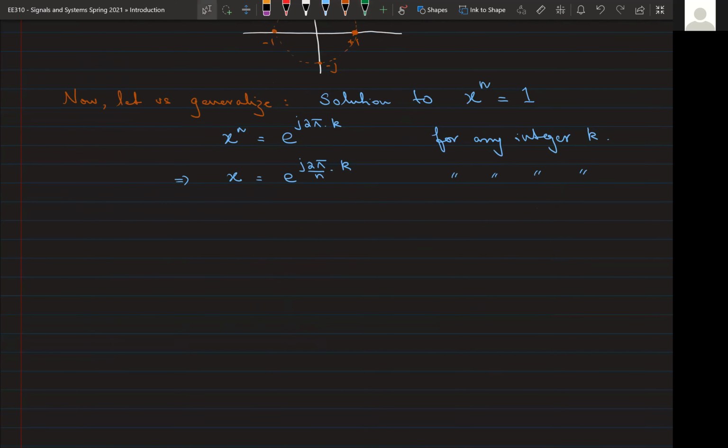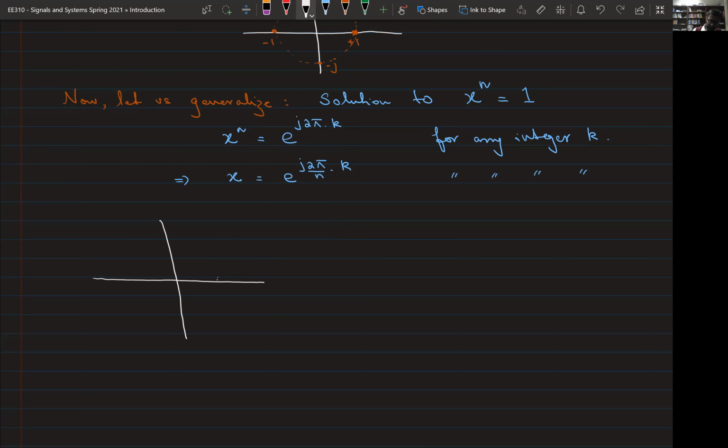Sir, on this unit circle? On the unit circle. And how are they going to be distributed? Sir, with the phase difference of pi by 2. Pi by 2 or 2 pi by n? 2 pi by n, sir. 2 pi by n, right? Because we're doing this as a generalization. For 4, pi by 2, I agree with you. When n equals 4, the spacing would have been pi by 2.